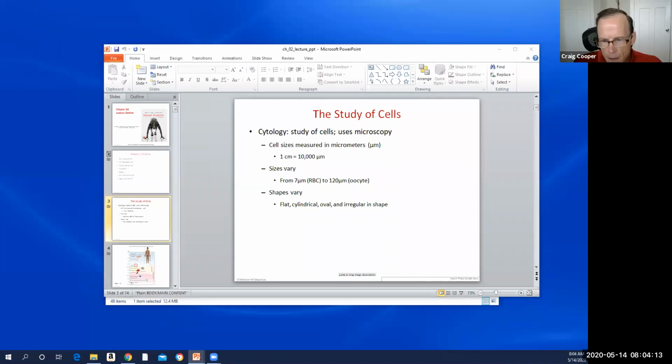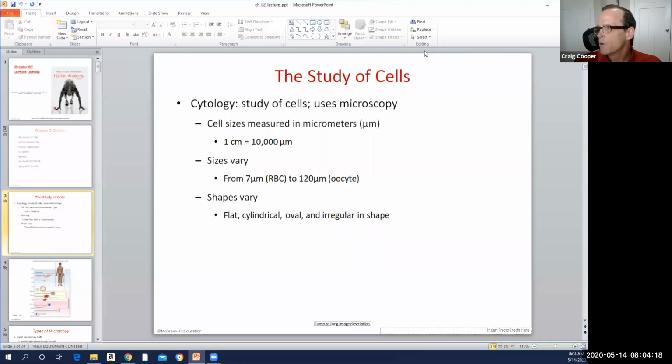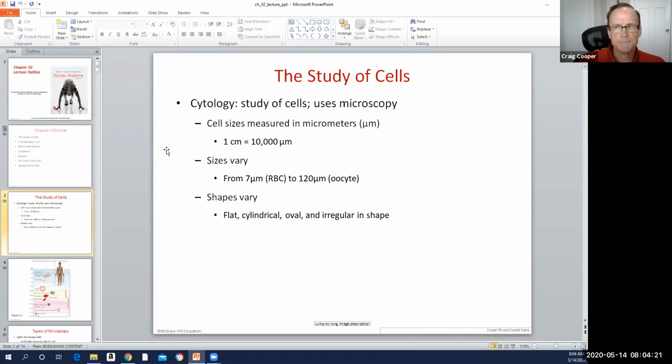So I'm going to go back to how I had it visually here. I was hoping to eliminate this clutter on the left-hand side that has all the slide deck images. But every time I try and enlarge this, it shoots it over to my other screen, and then I lose the chat box and everything else that I need to help keep track and manage stuff in the class. So I'm going to probably just show these this way. Like I said, I was hoping to make it a little bit bigger and a little bit more clear for everybody, but it doesn't seem like it wants to let me do that.